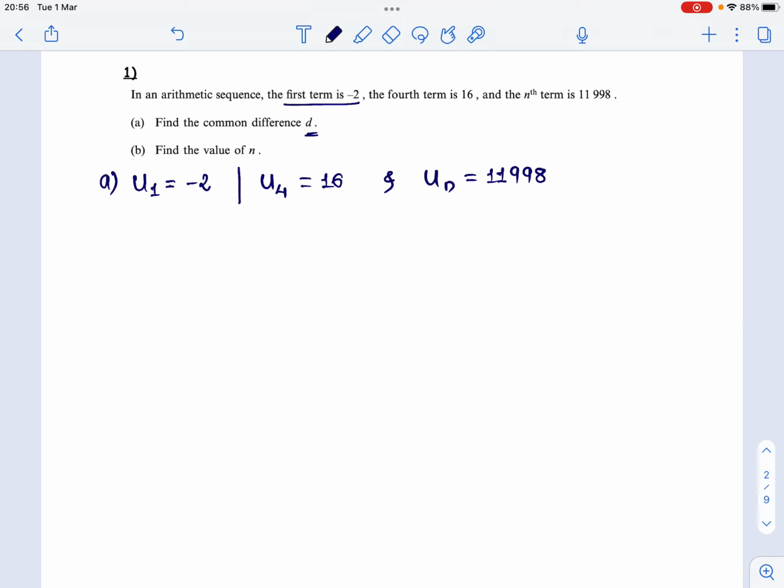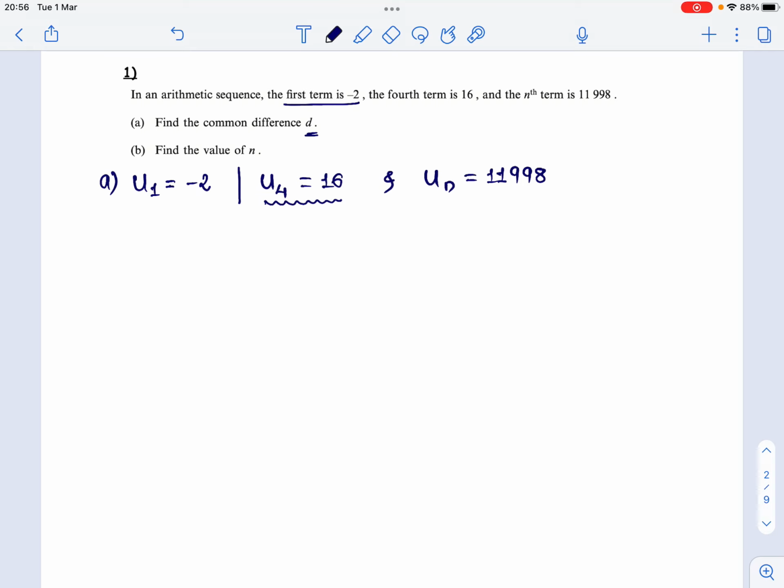To find the common difference, I should know the second term minus the previous term, or the third term minus the second term. But here we know the first term, but we don't know the second term. We know the fourth term directly, and we cannot do fourth term minus first term. So we will use the u4 condition, which is 16, and find the common difference.